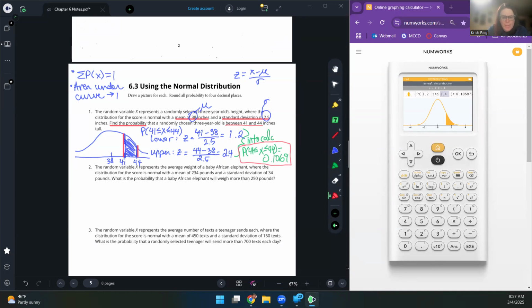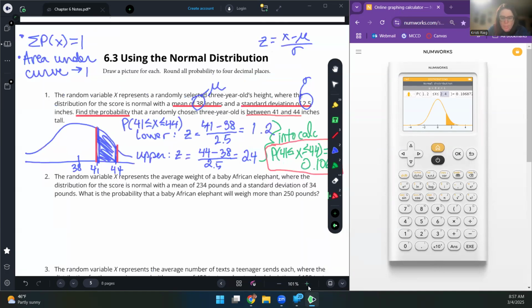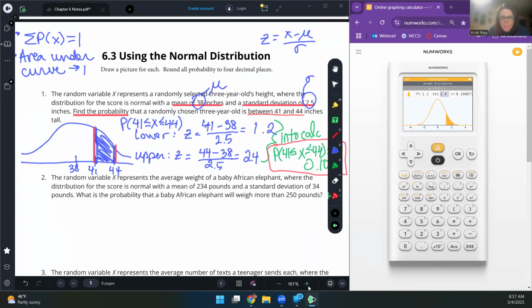Okay, now perhaps people saw already an easier way to do this, and let's talk about that. Not easier, just maybe a quicker way to do this. We have used this calculator for z-scores only for the distribution.